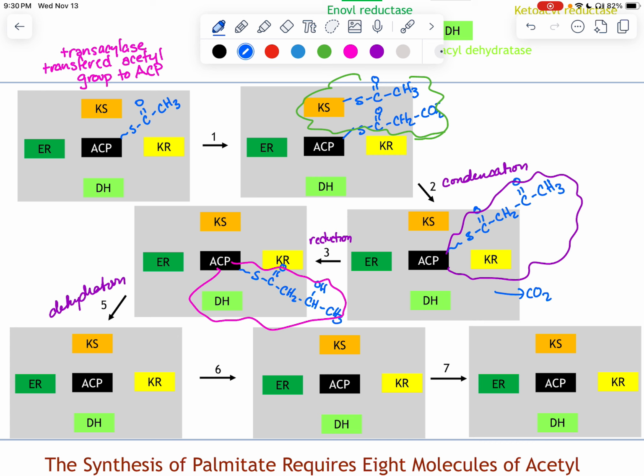Well, I'm just thinking about the best place to draw this so it'll all fit. So we've got S, our sulfur. We've got our carbonyl right here. And then we've got a CH and a CH, and then our CH3. So now we have that double bond.